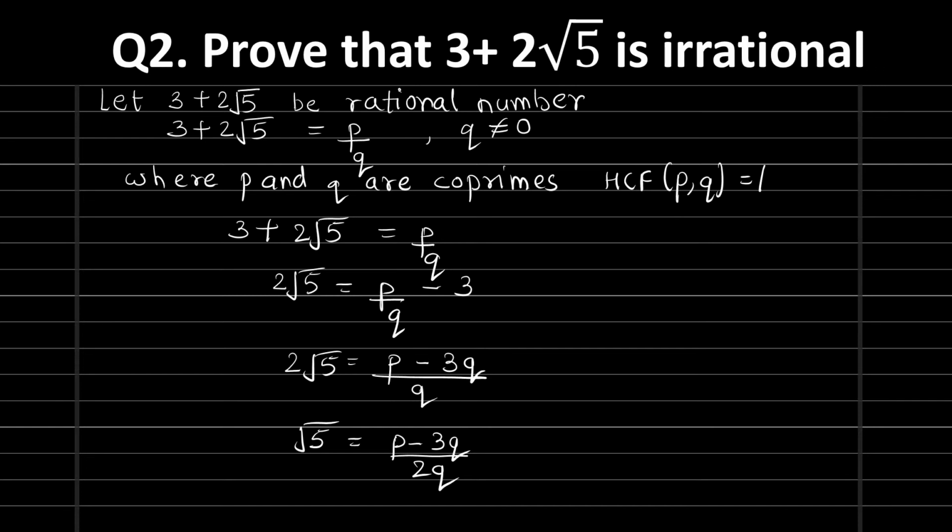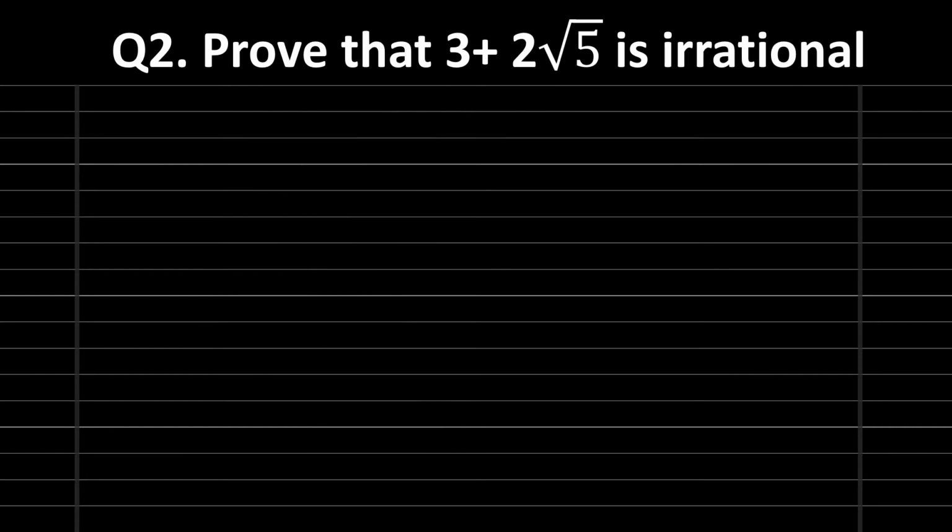Now observe very carefully here. Root 5, we know it is an irrational number, right? And p minus 3q upon 2q, it is a rational number. So what can we write down? We will note that root 5 is an irrational number. We know that. Right? And the right hand side that we got, it is p minus 3q upon 2q, which is rational.